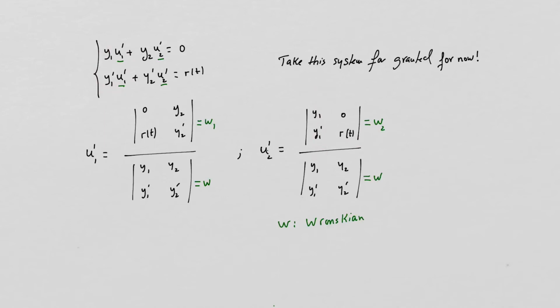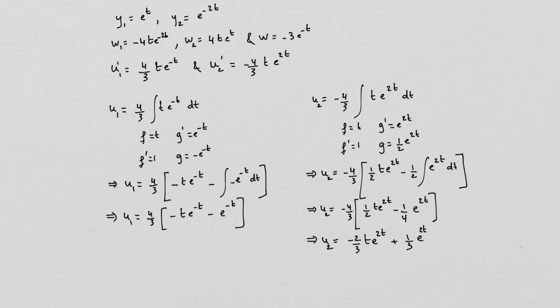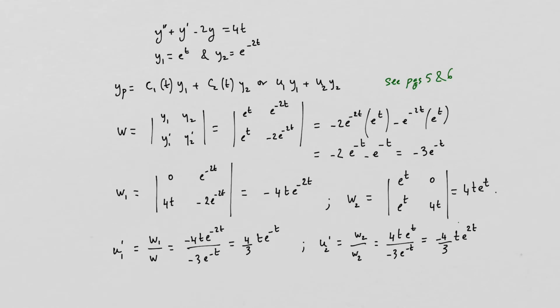So once we find this Wronskian and find these determinants and solve for u1 prime and u2 prime, we can integrate u1 prime and we can integrate u2 prime, and we will be all set. We would plug in u1 here, and we would plug in u2 here. We already know y1, we already know y2.